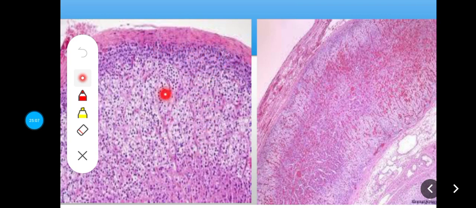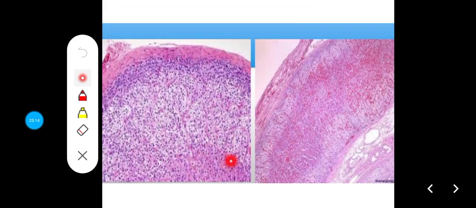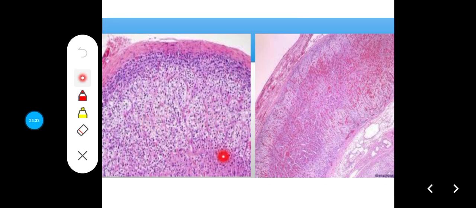Then the zona fasciculata, which contains cells arranged in a more linear fashion. Then zona reticularis, which contains cells that are much looser and arranged in different directions. The medulla is not really visible here, but you can still appreciate the transition from one zone to another.